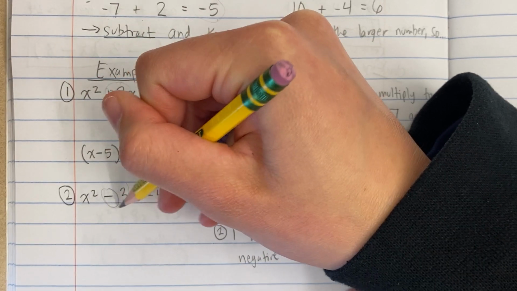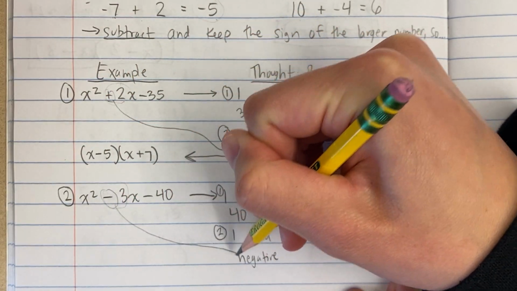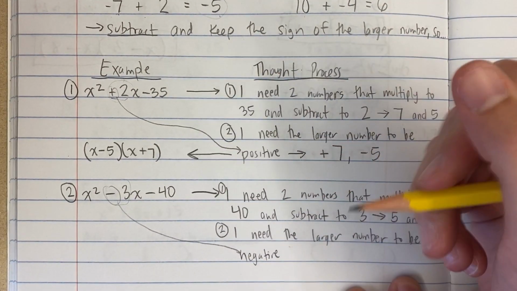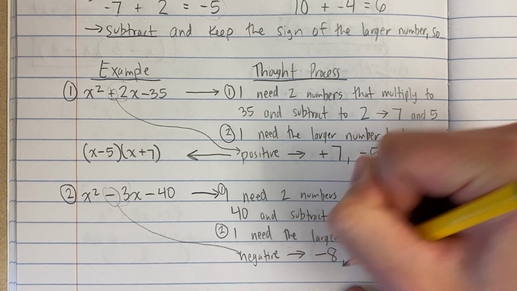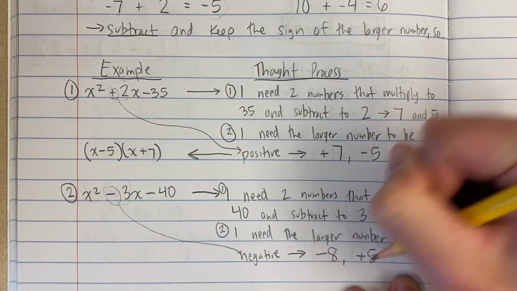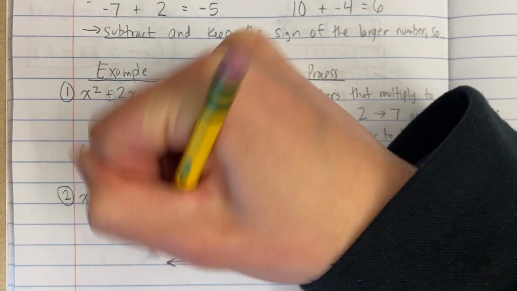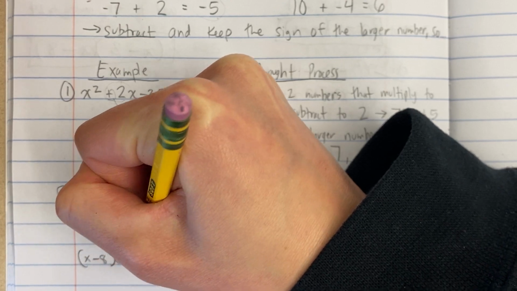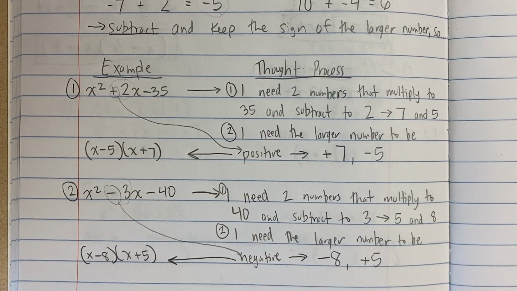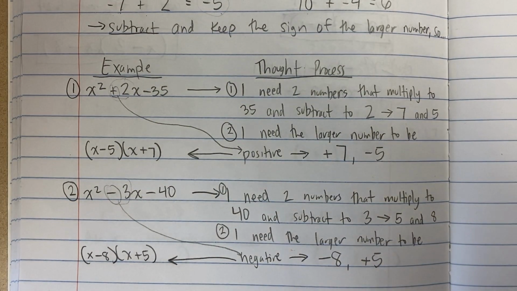And here I want the larger number to be negative because this is negative. So when I add these two numbers, I want the result to be negative. Here the larger number is 8, so I want it to be negative 8 and positive 5. So here's my answer: x minus 8, x plus 5. Okay, that's it. It's your turn.